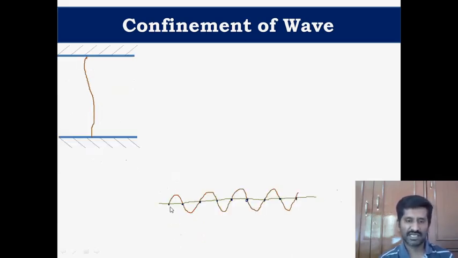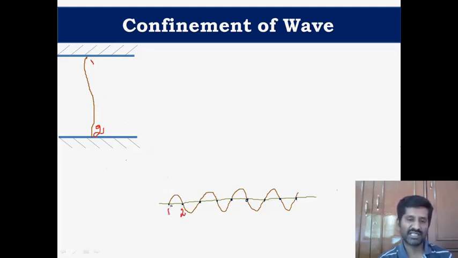Let us consider one wave motion given in this figure. I am taking this end as 1, this end as 2. In wave motion, they are always settled at the equilibrium positions 1 and 2.